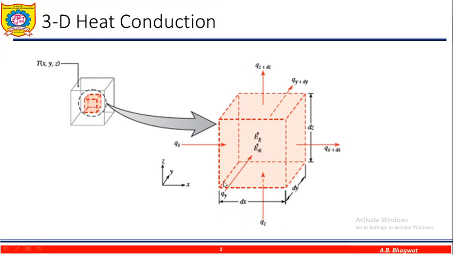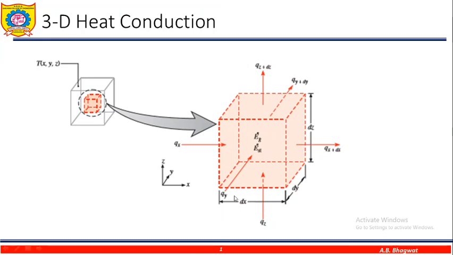Now if I am talking about heat transfer in x direction, what will be the cross sectional area that is in the way? It is dy into dz. So when I am talking of heat transfer along x direction, the cross sectional area is the multiplication of dy into dz.